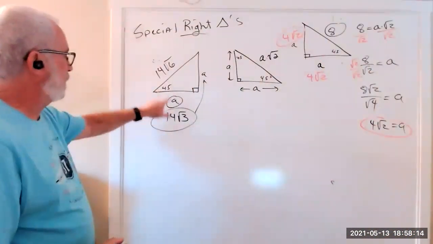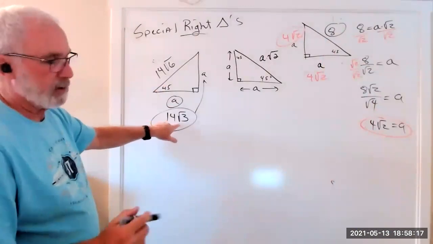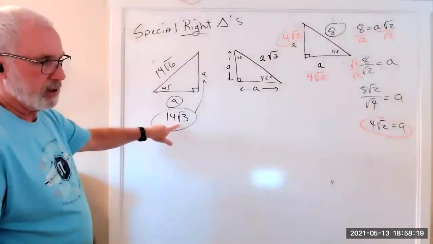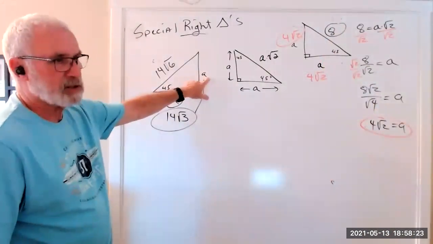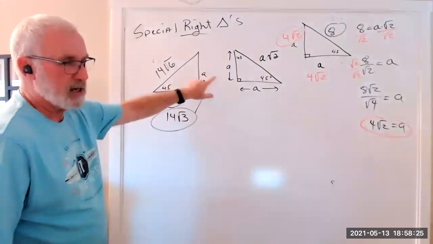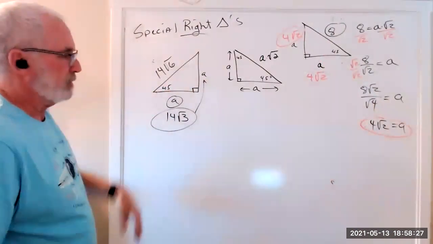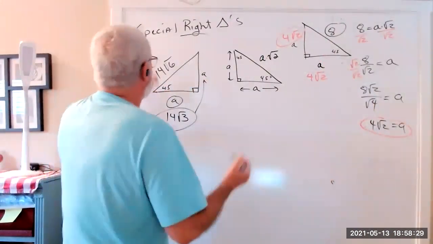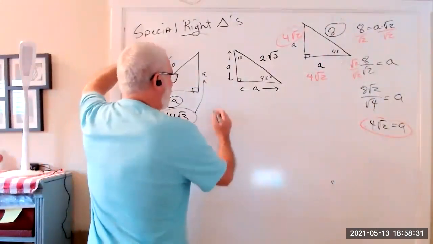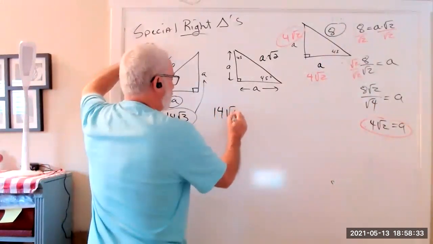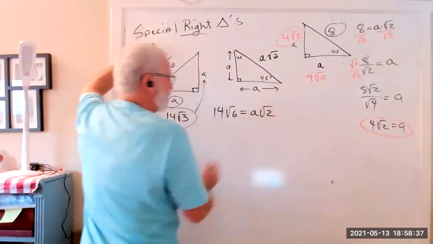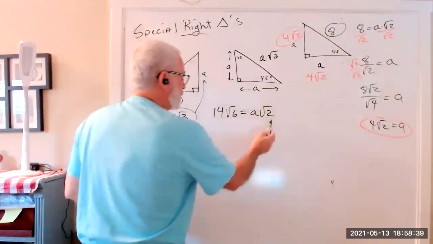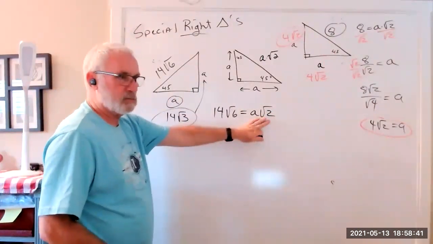So I got that A was 14 radical 3. Now I'll show you how I got it in a minute. But if that's A because it's isosceles, because they're the same size, then they got to be the same. So what we said was the hypotenuse, 14 radical 6, has to meet this formula. The hypotenuse is always something times the square root of 2.